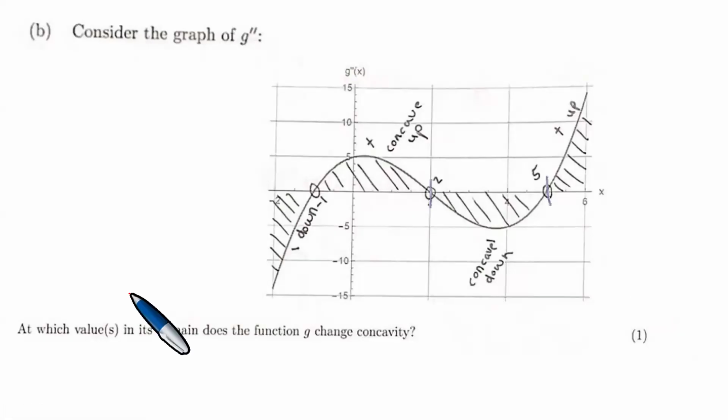If you consider the graph of G double primed, at which values in its domain does the function G change concavity?